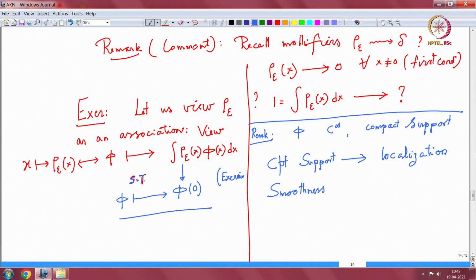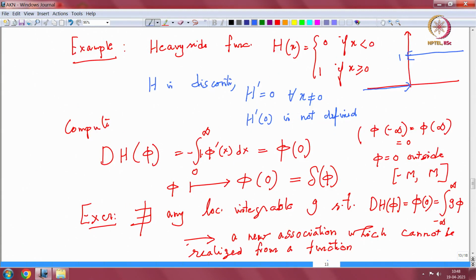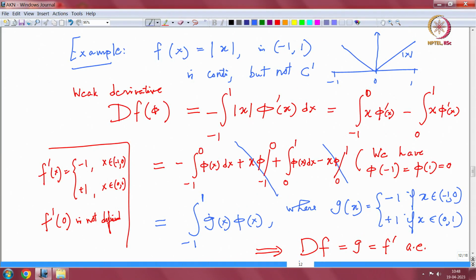And smoothness is used from the previous example of the derivative. When you calculate the derivative here, since mod x is not differentiable, we are not able to do integration by parts, and the derivative is coming here. So, if you want to deal with functions which are more and more irregular, you need more and more smoothness on phi.